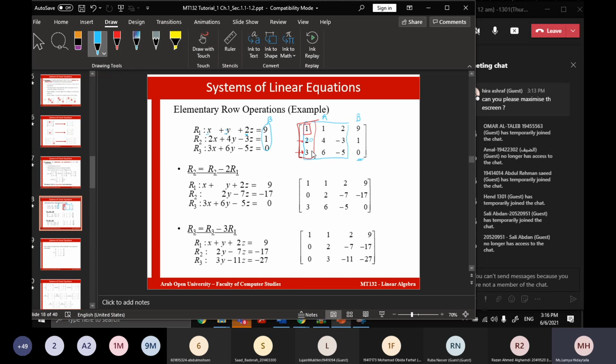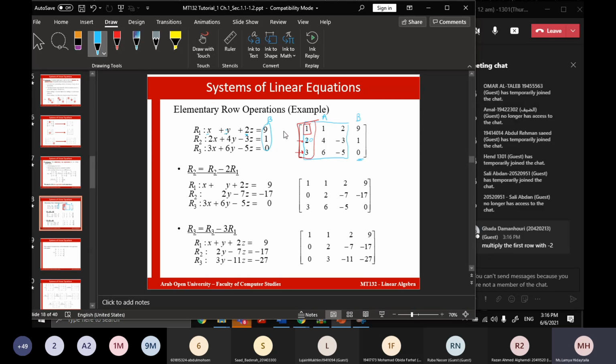The easiest way, to make sure you are going correctly, is to use the row that has the leading one. Where is the leading one? This is the leading one. So I will use this row to make this element 0.